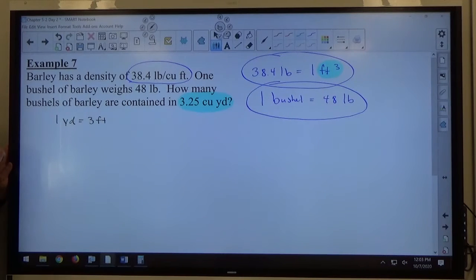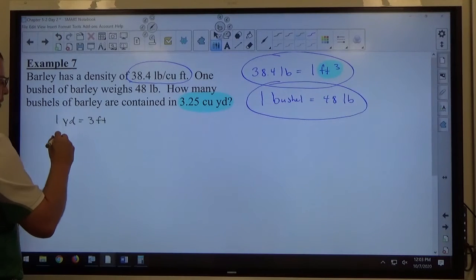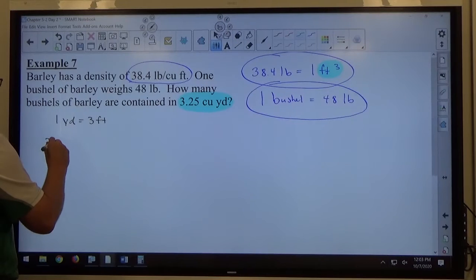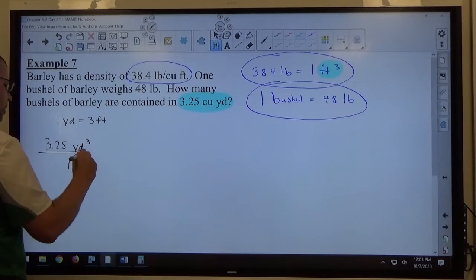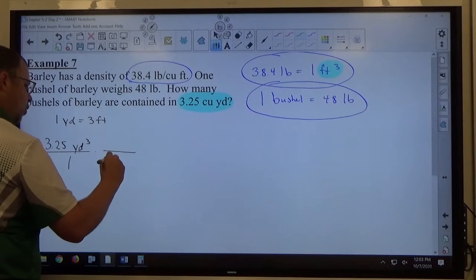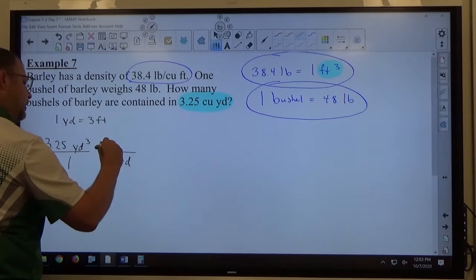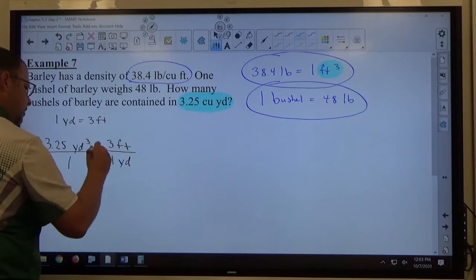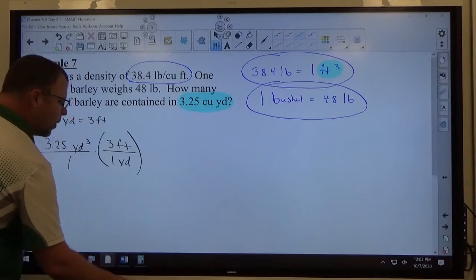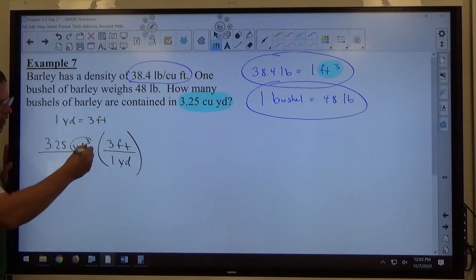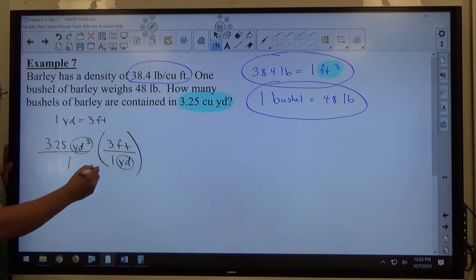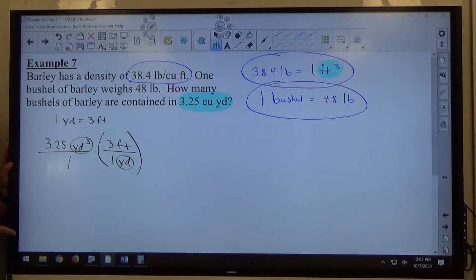All right. So if I'm going to start with 3.25 cubic yards, 3.25 yards cubed, and I multiply by 1 yard on the bottom, 3 feet on top. Recall how we dealt with this yesterday. This is cubic yards, this is not cubic yards. I need it to be cubic yards, so I need to cube that multiplier, which in turn cubes everything in that multiplier.